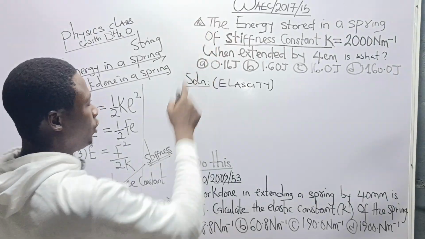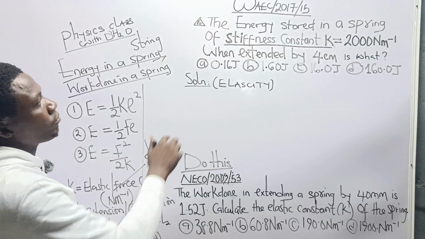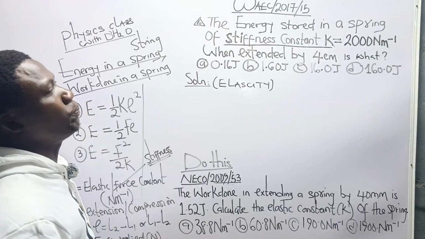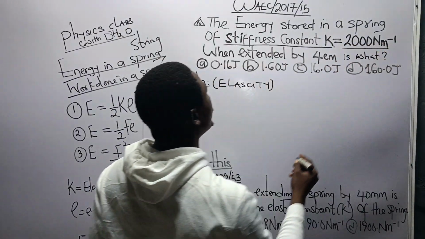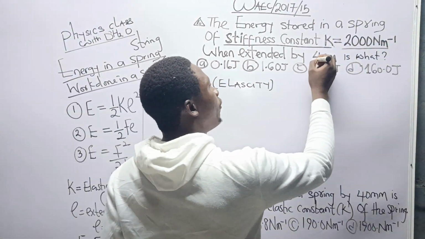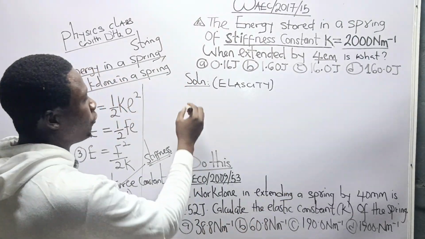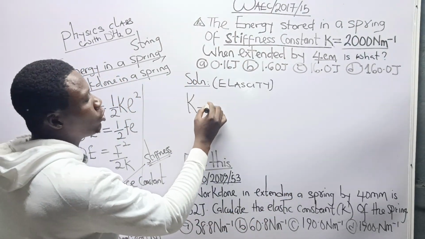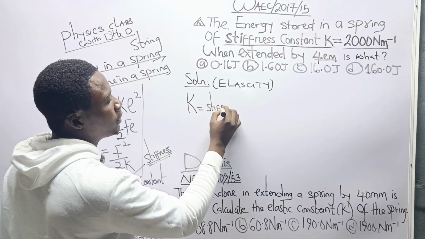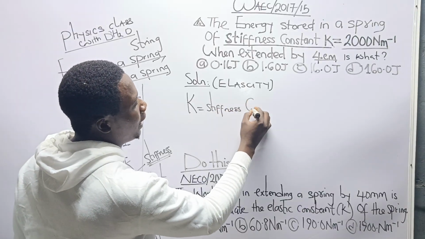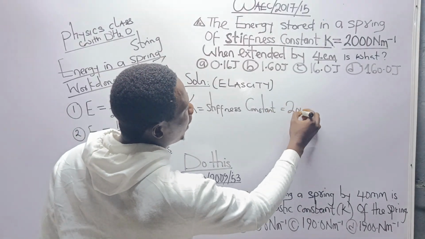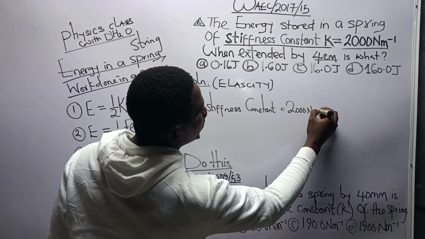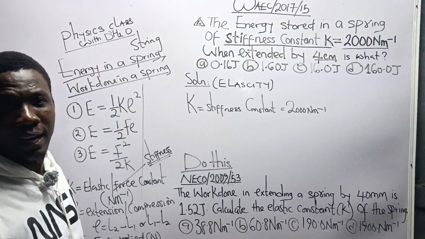So if you look at the question, it says that the energy stored in a spring of stiffness constant, this is our value for K. Please take note. When extended by 4 cm is what? First of all, our K, which is known as our stiffness constant, they said it is equals to 2000 Newton per meter. Are we together?